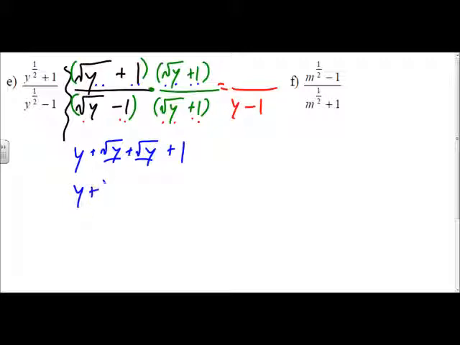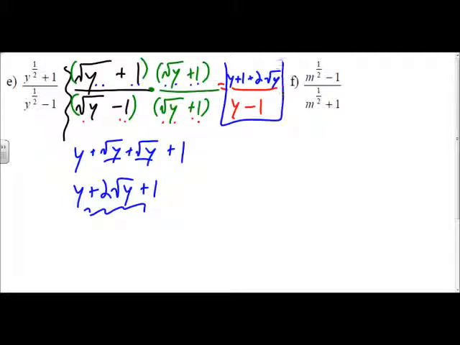So we have y plus 2 square roots of y plus 1. And this then is our numerator. Y plus 1, I like putting the radicals at the end. You don't necessarily have to, but a lot of people like it. It just keeps things nice and neat. So in this case, this is our final answer.